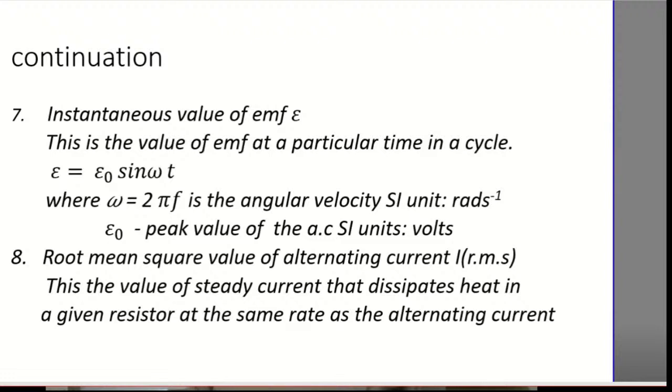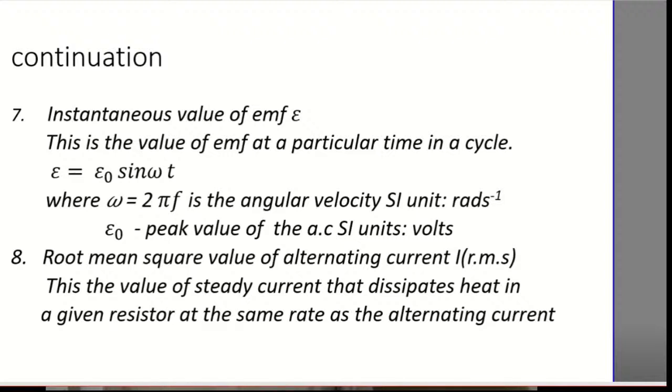The seventh term is what we call the instantaneous value of EMF, denoted by E. This is the value of EMF at a particular time in a cycle, meaning that as the coil rotates in a magnetic field, at any point there is an induced EMF at a particular time t, and that particular EMF is what we call the instantaneous value, given by E equal to E naught sine WT, where E naught is the peak value or maximum value of alternating current.